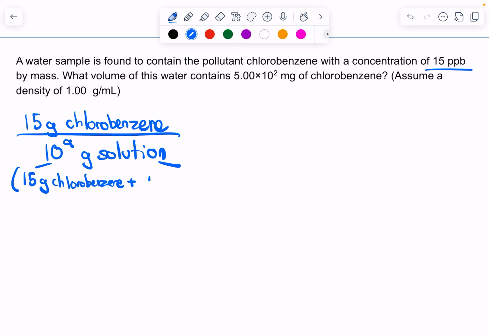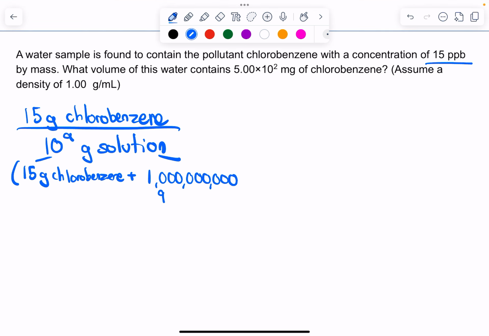A billion is 1, 2, 3, 4, 5, 6, 7, 8, 9. Okay, it's basically a billion is my point. Do you get that? Because it's going to basically be 999999985. So if we only wanted 2 sig figs there, we would round that to a billion.